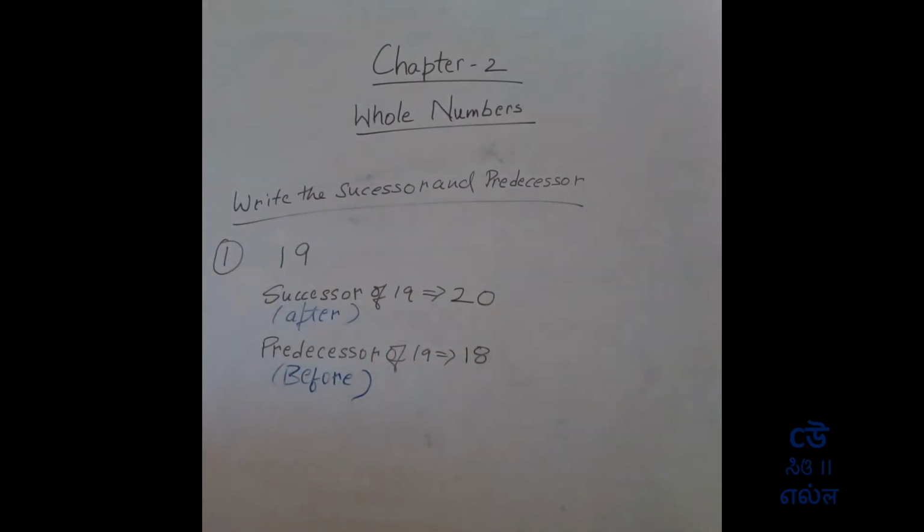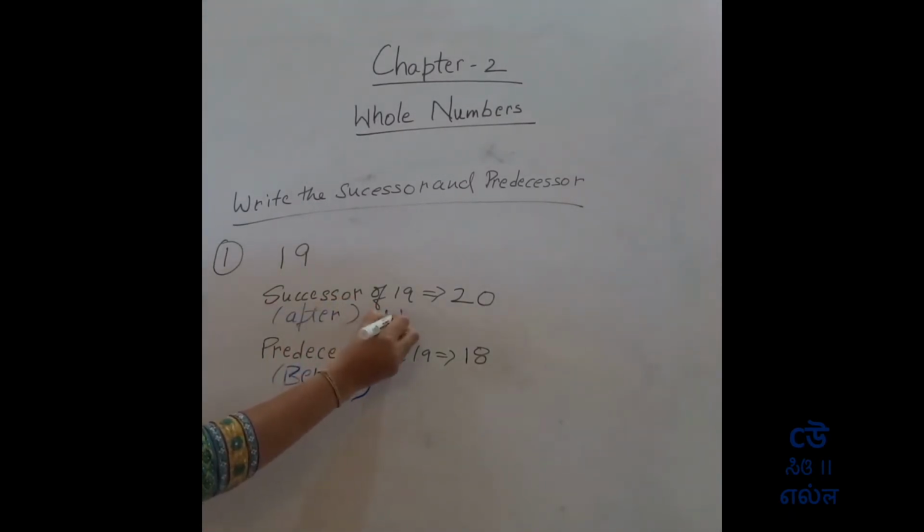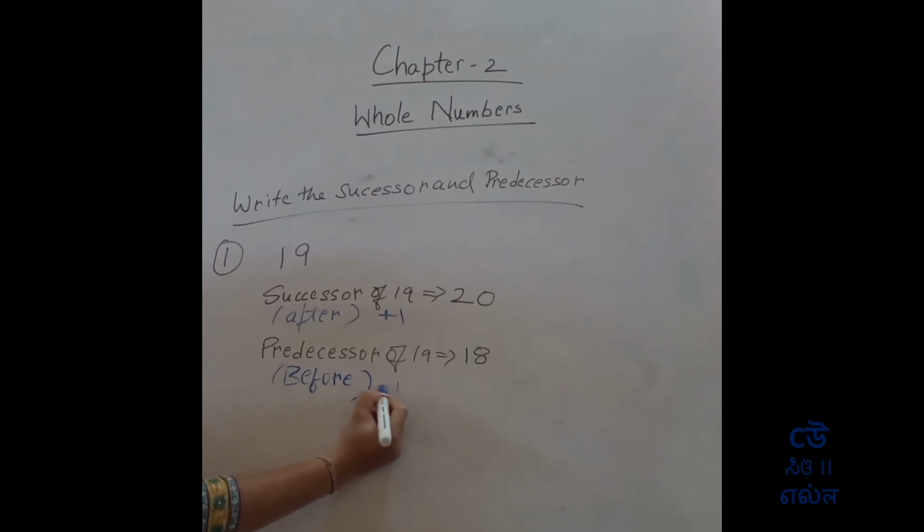So, children, if you know the before numbers and after numbers, you can directly write it. Otherwise, for successor, you will add 1, and for predecessor, you will subtract 1 to get the answer.